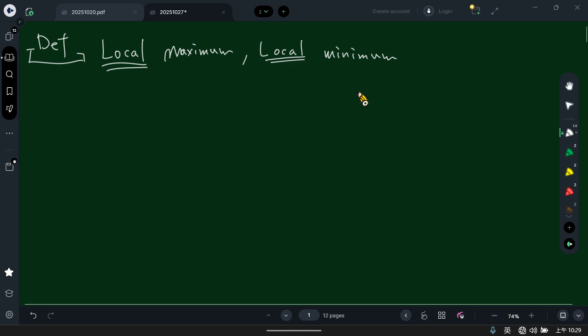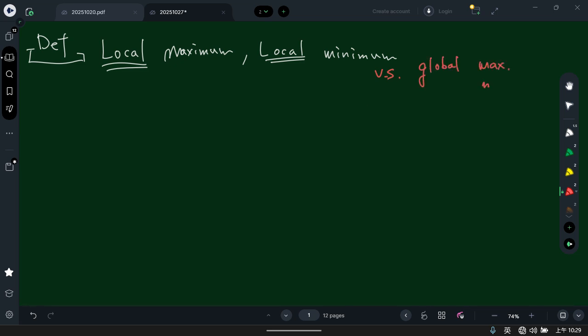Compared to extreme, global, compared to this, we have global maximum and minimum. So you can see local and global. That means based on this idea, we are actually talking about relatively extreme value.